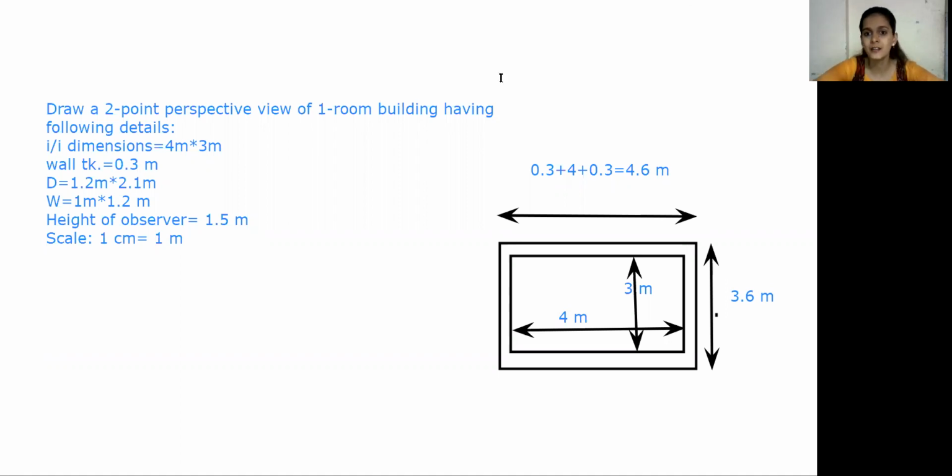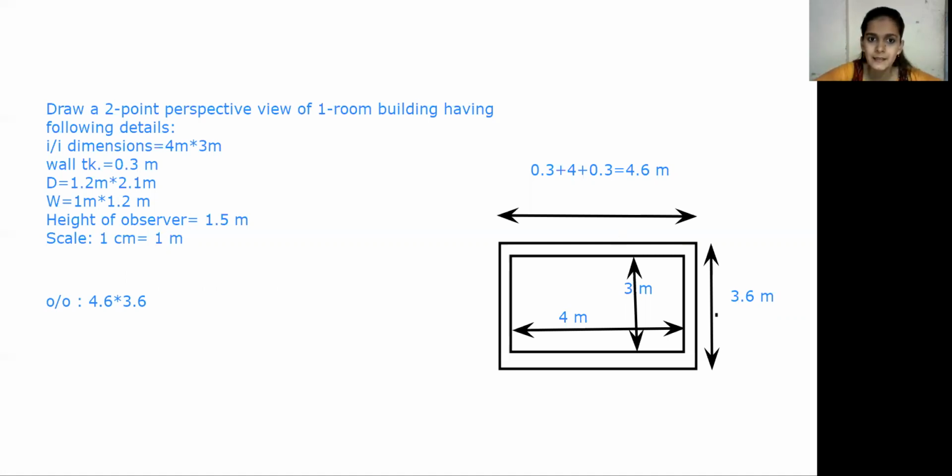Okay. Here it is the data. And let me write the out-to-out dimension also: 4.6 by 3.6. So in plan, or in a wall plan, we are going to use a double rectangular system.